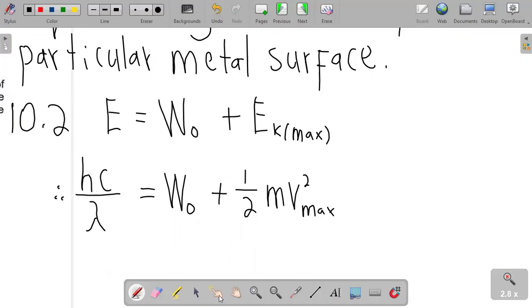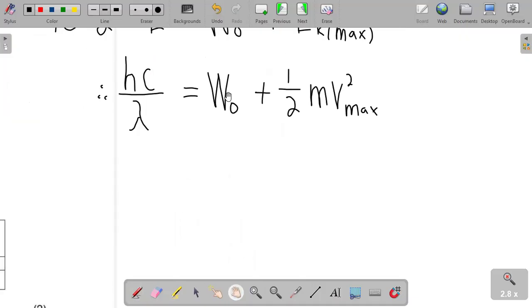Okay, then if we are looking for the wavelength, it means we have to change the subject of the formula. So the wavelength should be taken to the right side of the equation, and then everything on the right side of the equation here can be brought under here, such that we have something like this.